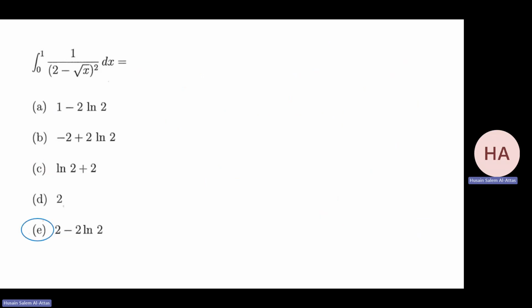It's a method of calculation. 1 over 2 minus square root of x, squared. Okay, tricky one. Let u equal 2 minus square root of x. du will be minus 1 over 2 square root of x.